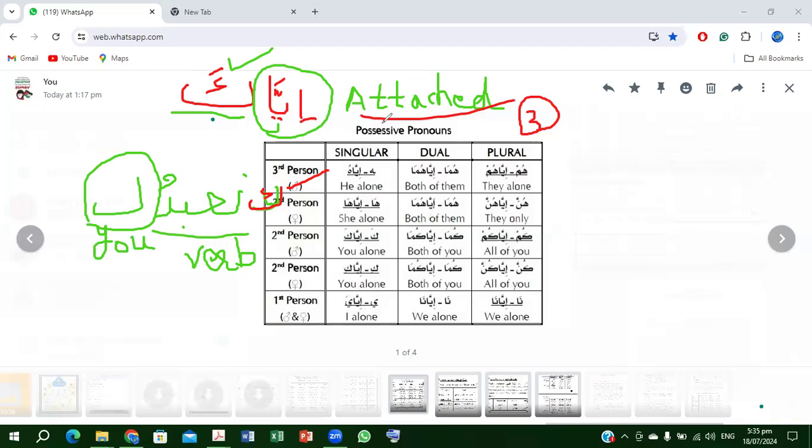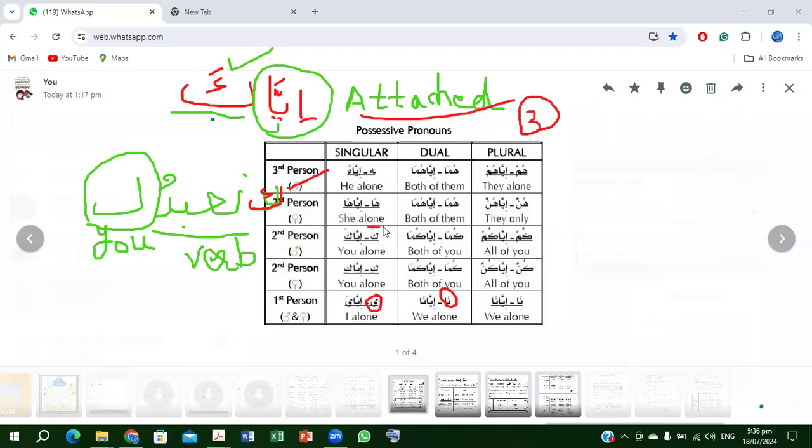So this is also the same. Hu, huma, hum, ha, huma, hunna, ka, kuma, kum, ki, kuma, kunna, i, na. Exactly the same, right? But we have given the support of iya to this. Iyahu, iyahuma, iyahum, iyaha, iyahuma, iyaka, iyakum, iyakuma, iyaki, iyaya, iyana, right? I alone, you alone.